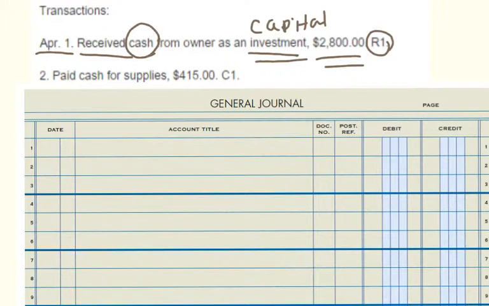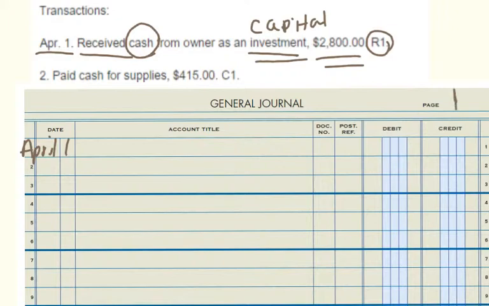So now let's put this in the journal. The first thing we do is the date, yes. And you write the date. Now, do you always write April every single time after? No, you're right. You only write it on the first line of the first page of the journal.